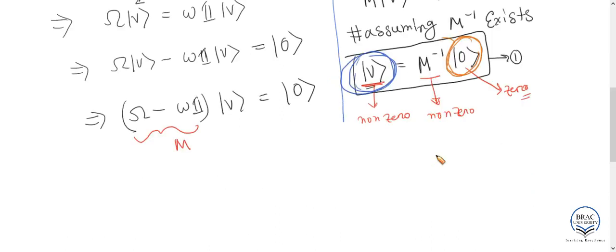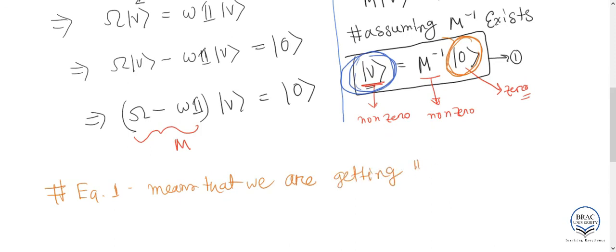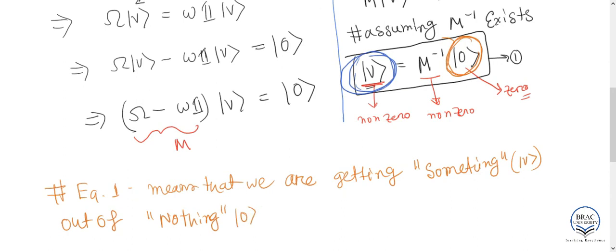So let me write it down formally. Equation 1 means that we are getting my ket v, something non-zero, out of nothing. That is a zero vector, and this doesn't make sense.